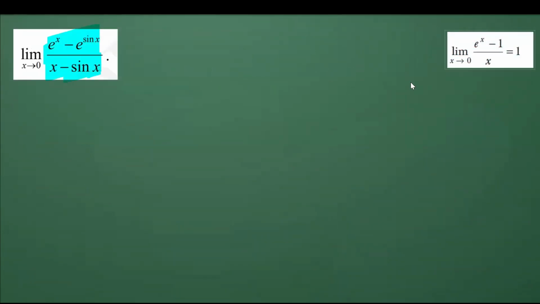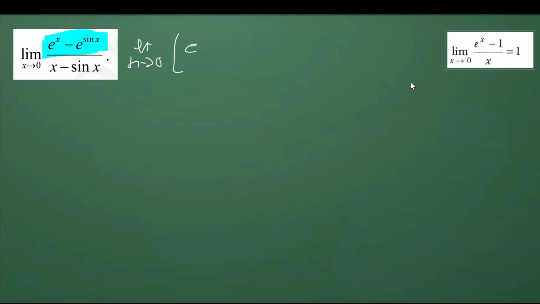The question here is to evaluate this function for limit x tends to 0, and for that we'll be applying the standard limit, e raised to the power x minus 1 over x equals 1. So let's say this is limit x tending to 0, and we are going to divide the numerator and denominator by e raised to the power sine x.